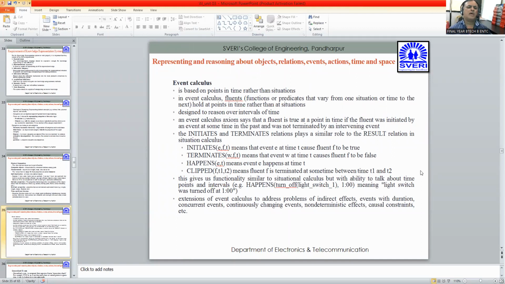So we can do many different kinds of event calculus. It is not about a single type of event; it works out with different types of events.